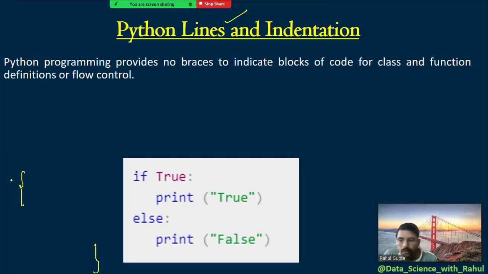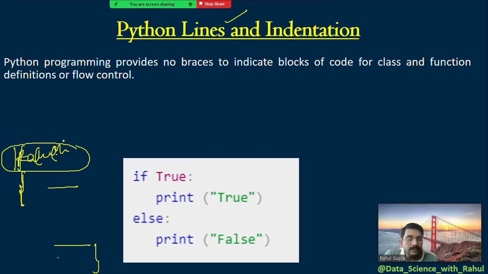For example, for an if statement, if this is happening, then curly braces open, and then curly braces close. This tells us where a piece of code starts and where it ends. So curly braces were our method to identify blocks.